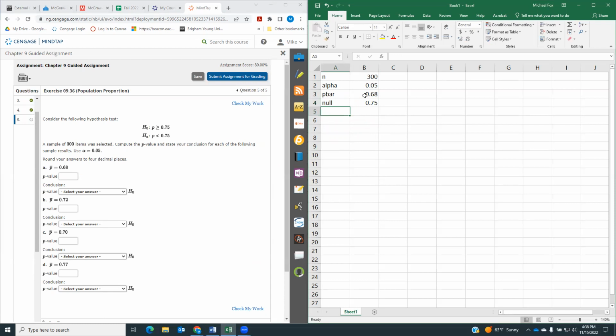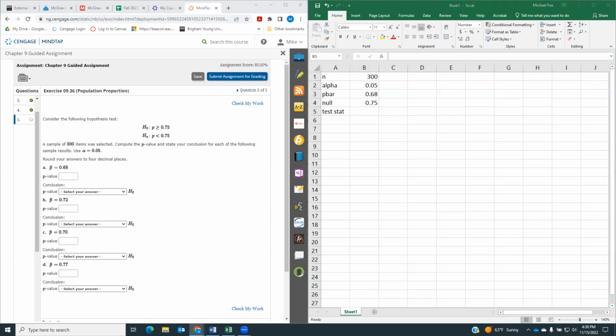So we need now the formula to find our test statistic. Let's see, I'm going to bring the book over.